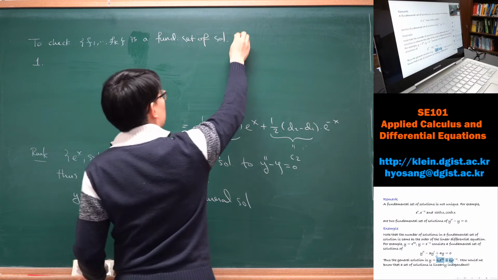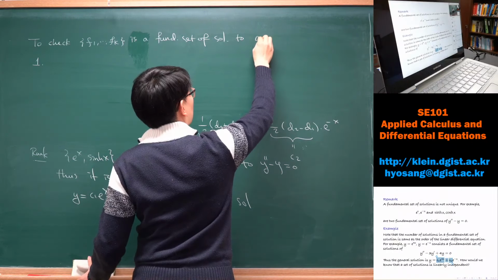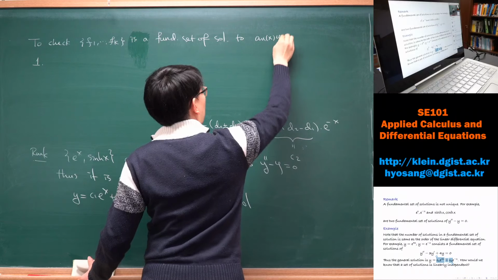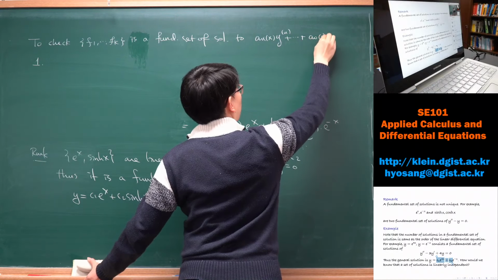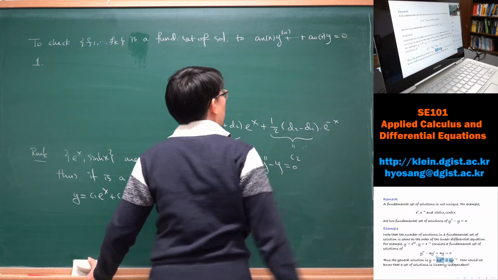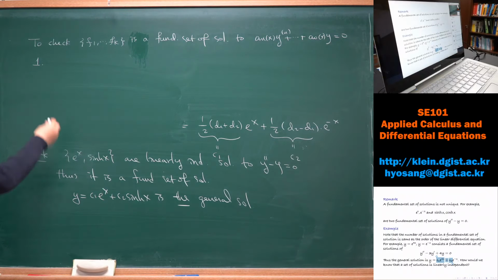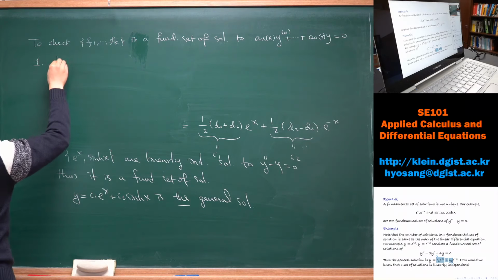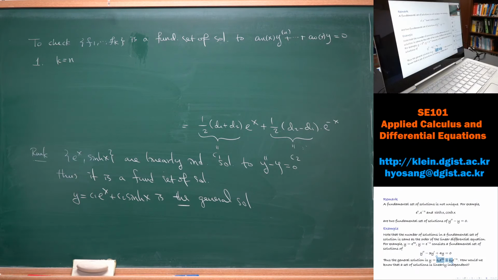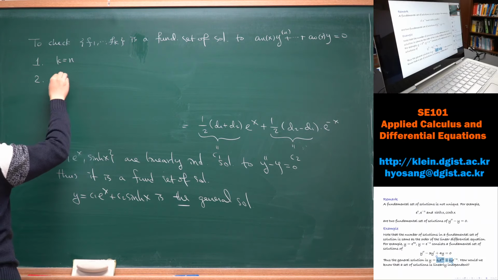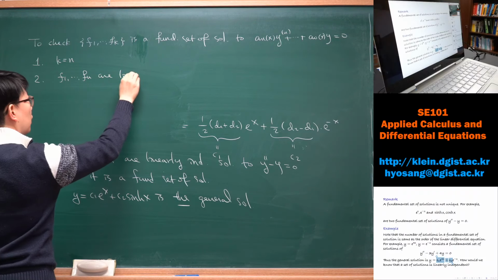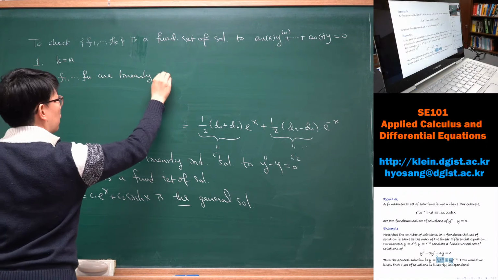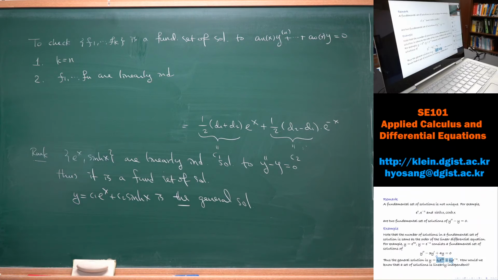If it is an nth order homogeneous differential equation, first you check that there are n solutions in the set, okay? And second, f1 to fn are linearly independent, okay?